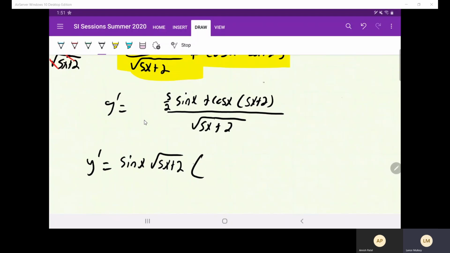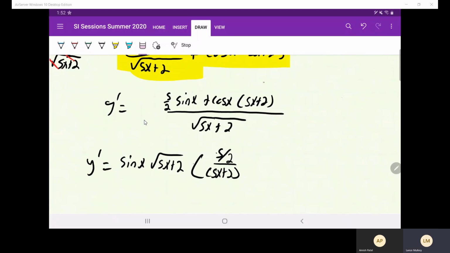And then when you pull out the sine x from the first term and the square root of 5x over 2, that gave you a 5 over 2. And when you pull out, this is a 5x plus 2 to the negative 1 over here, or negative 1/2, when you pull out another one, it gives you 5x plus 2.